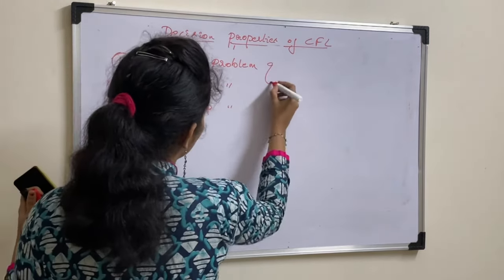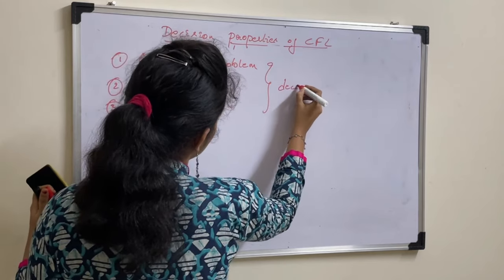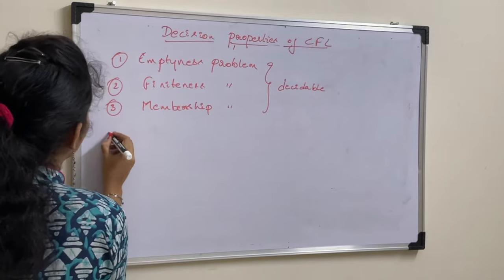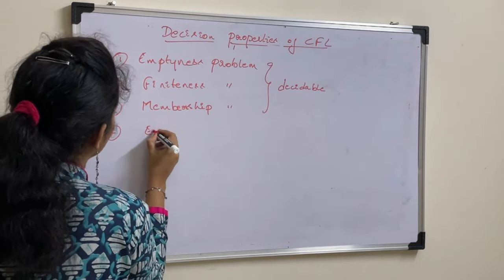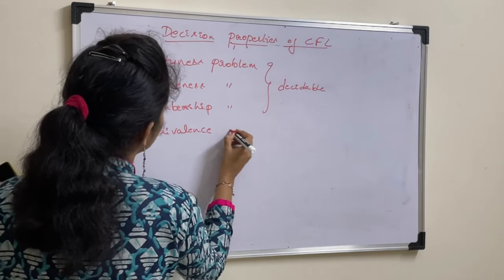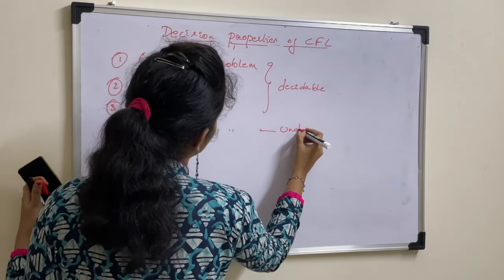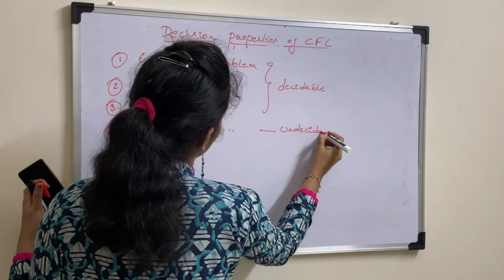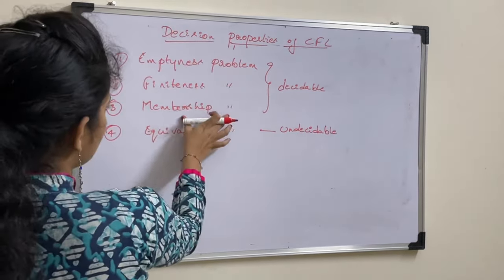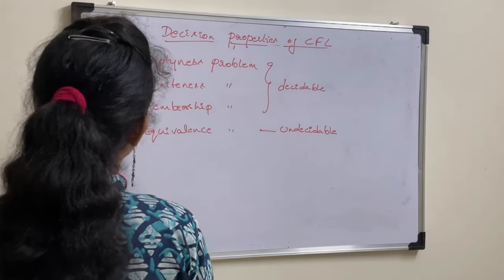All these three problems are decidable problems. Along with this we have one more, called the equivalence problem, which is an undecidable problem. We'll discuss these three decidable problems in our lectures.